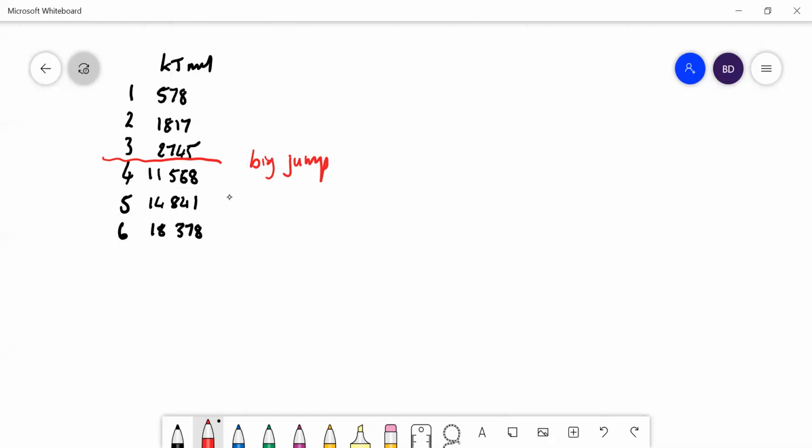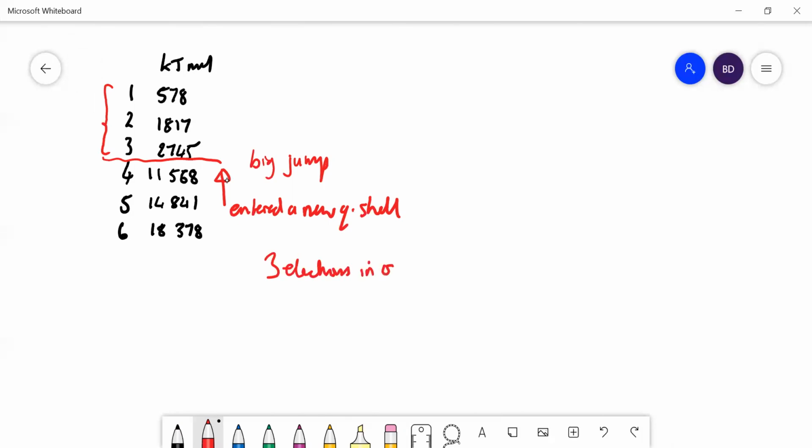So what have we done there? We have entered a new quantum shell. So the question is, how many electrons has this element got in its outer shell? Well, it must have 3 electrons, mustn't it? Now it's got 3 electrons in the outer shell.